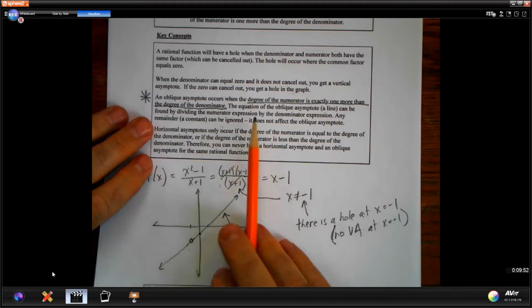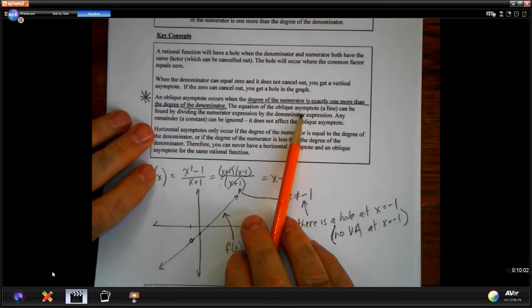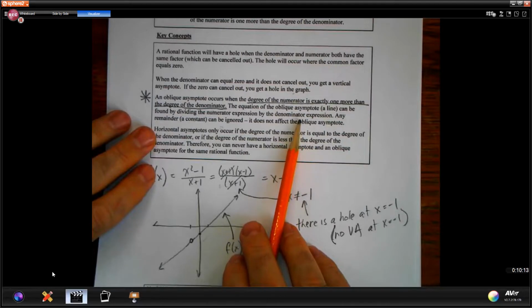Now the way we get this equation is we have to go back to our polynomial unit, and we're going to divide out. For example, if your original equation was quadratic over linear, you take the quadratic and divide by the linear expression. Whatever whole part you get will be your equation.